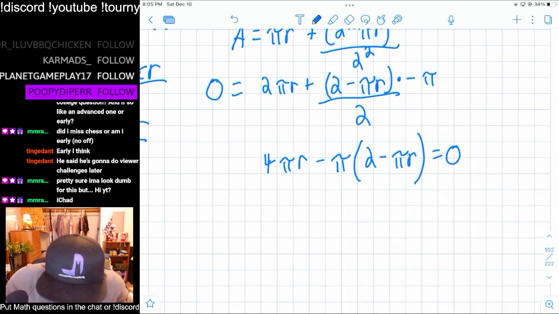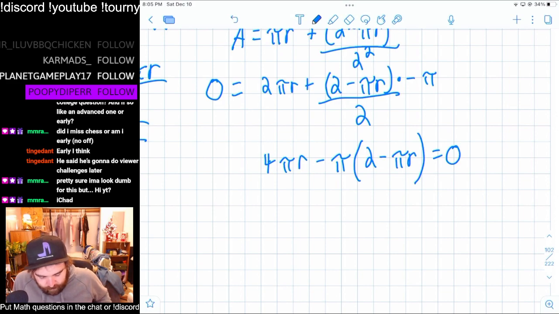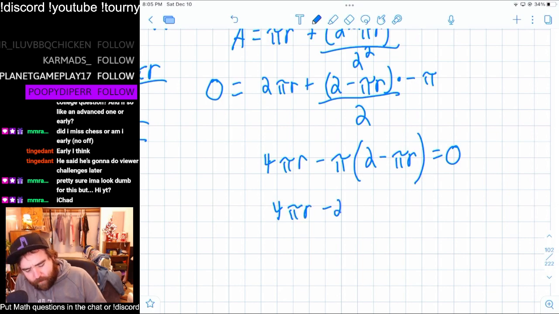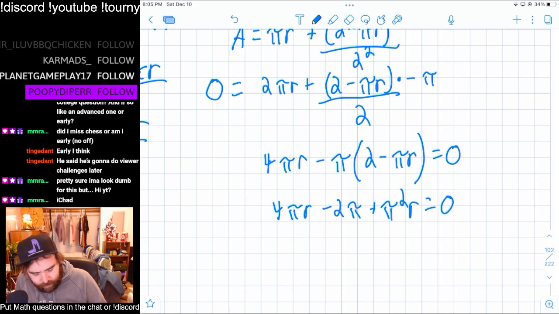So I'm going to solve for r. It's going to involve a lot of pi's, but that should be okay. I'm going to distribute: 4 pi r minus 2 pi plus pi squared r equals 0. And then I've just got to factor out the r. So I have r times (4 pi plus pi squared) equals 2 pi.